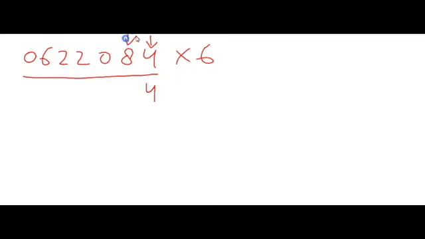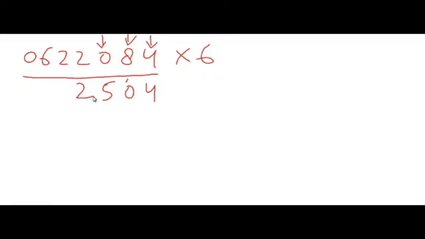Now for 8, the neighbor is this 4, so 8 plus half of neighbor, that is 2, will be 10, and that we write like that, if you remember from last 2 techniques of multiplying by 11 and multiplying by 12. Now we are at this, 0 is our figure and neighbor is 8, so 0 plus half of 8, that is 4, 0 plus 4 is 4, plus this dot is 5, so we'll write 5 here, and then 2 plus half of 0 is 0, so still 2.